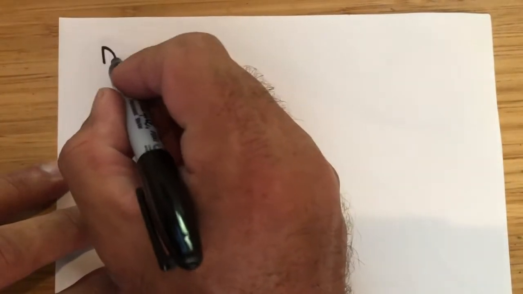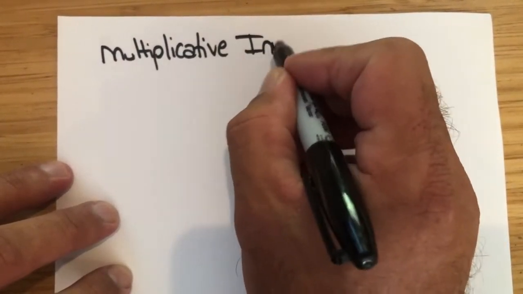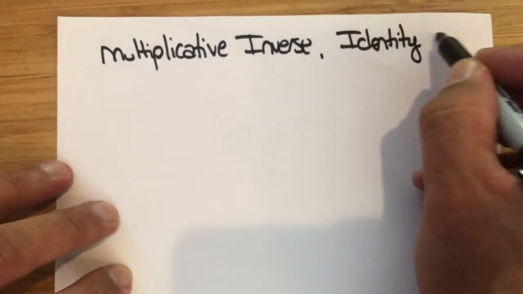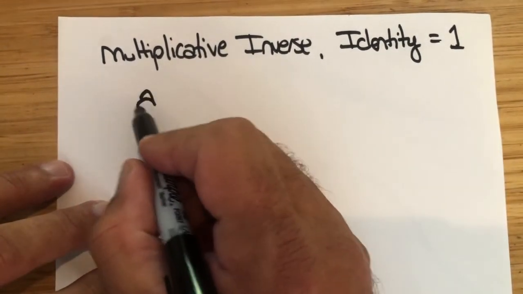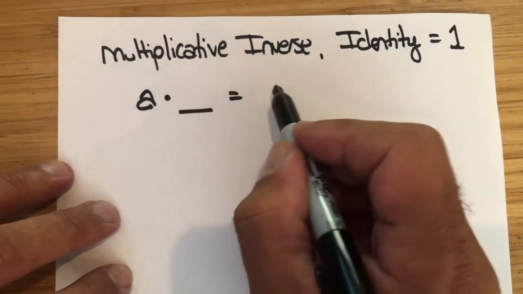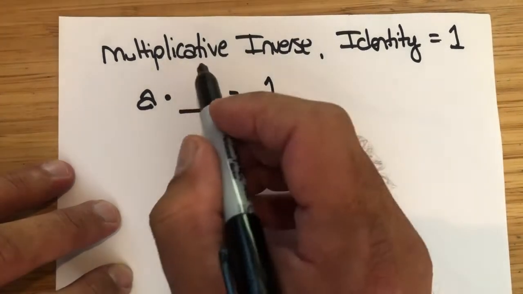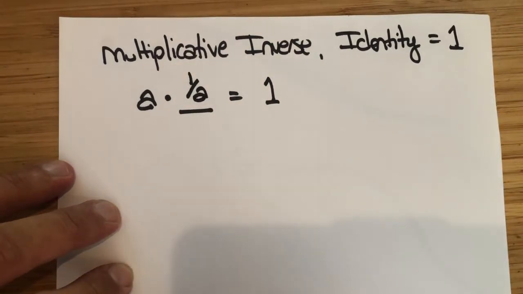Let's take a look at the multiplicative inverse and its identity, which is equal to 1. So with the multiplicative inverse, if we have some number a, we want to multiply a by some other number so that it equals 1. That's just simply the reciprocal of a, or 1 over a.